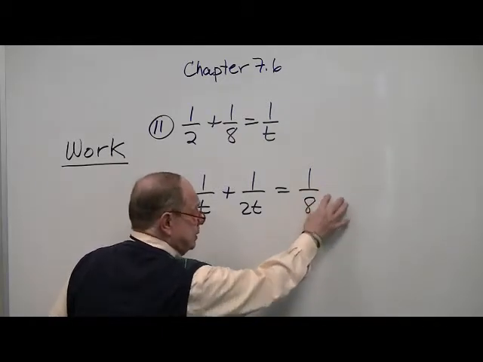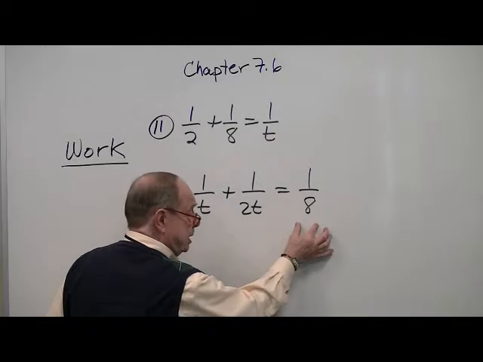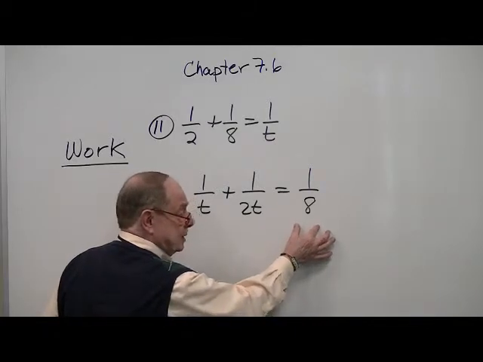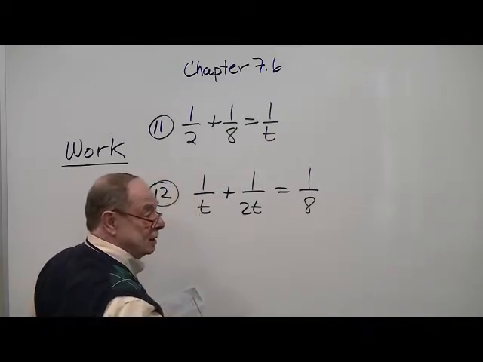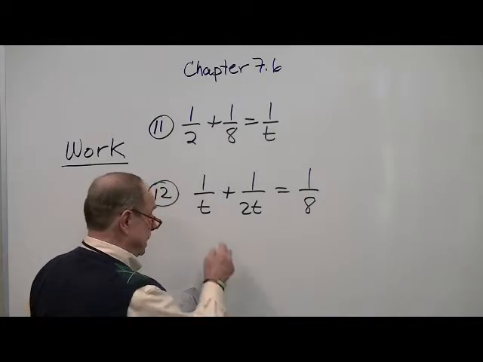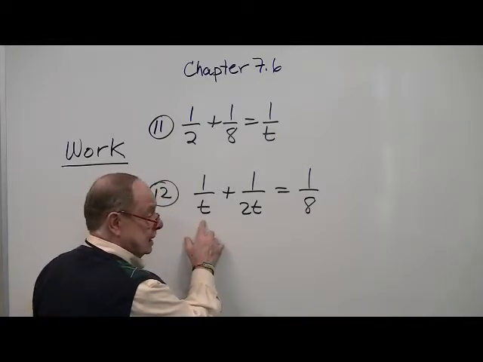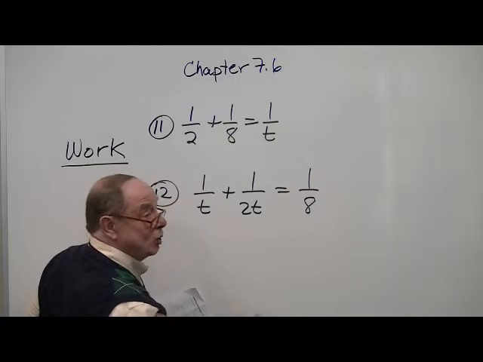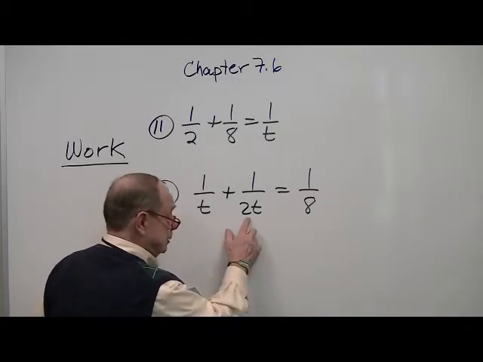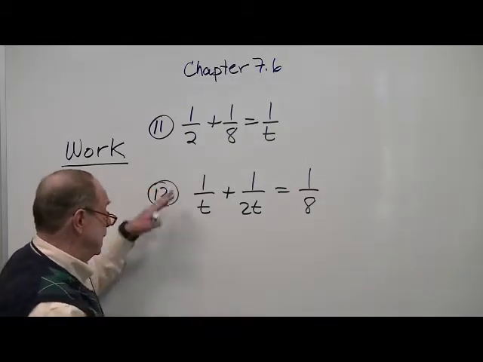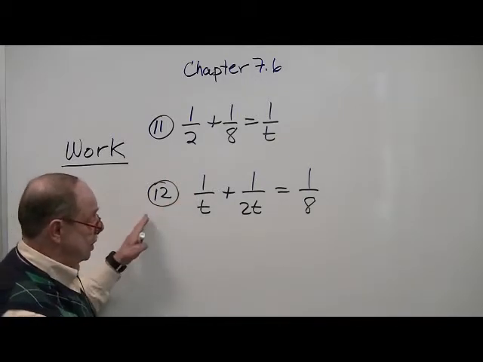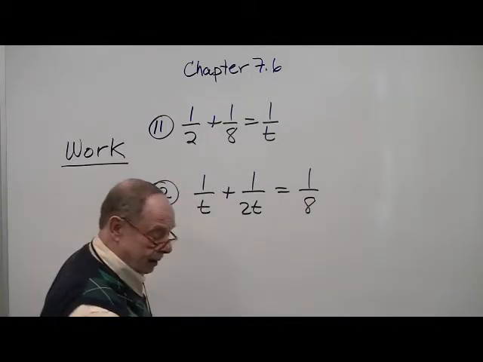So here you already know the time they're working together. So what is the rate of one housekeeper? t. What's the rate of the other? Twice as fast, 2t. So again, you set it up as a work problem, and now we want to solve.